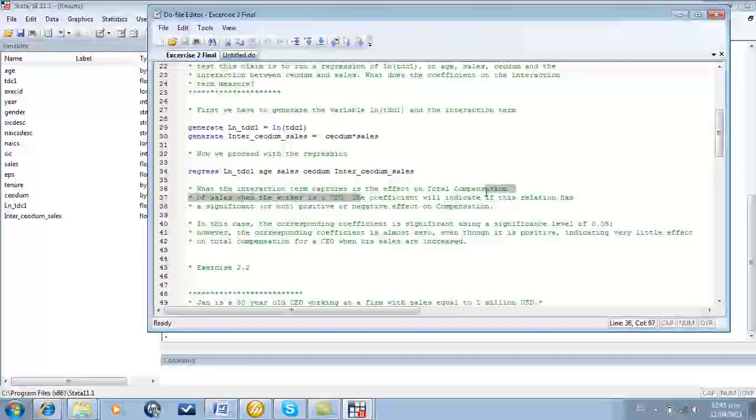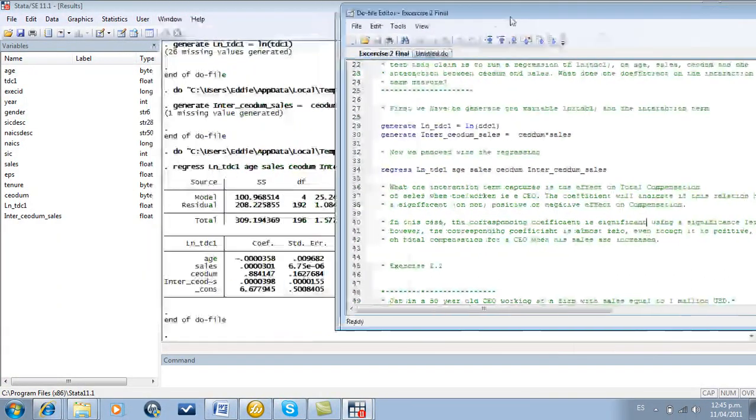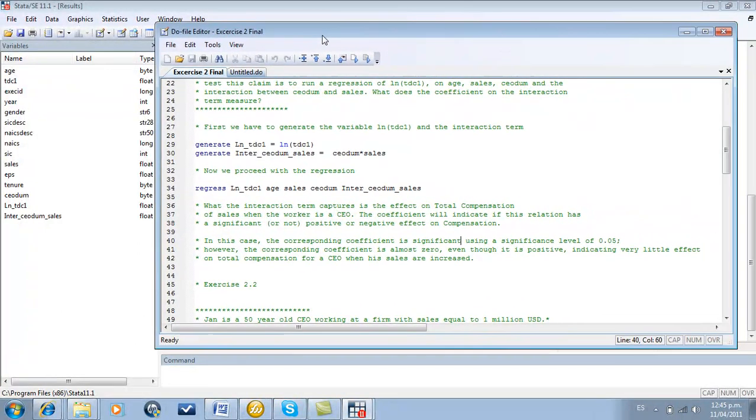The coefficient will indicate if this relation has a significant, positive or negative effect on compensation. In this case, the corresponding coefficient is significant using a significance level of 0.05.